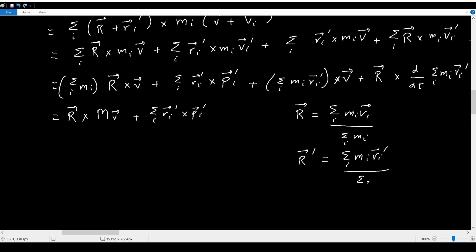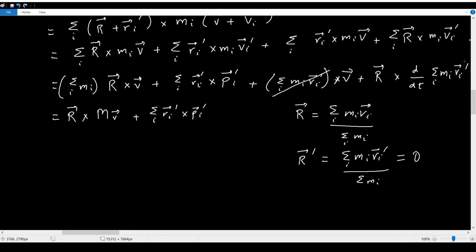The masses of course don't change, they are constants. However, what does this actually signify? This signifies the distance vector from the origin in the primed frame to the center of mass. But remember, the origin in the primed frame is the center of mass itself. So this is really the radius vector from the center of mass to the center of mass, which is of course 0. Therefore, the sum of m_i r_i prime has to be 0.